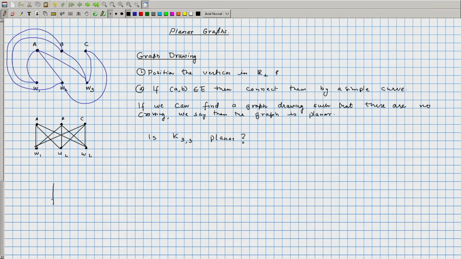So, let us say we look at this particular graph on 5 vertices and 9 edges. It is the complete graph from which exactly one edge has been removed. So, we can write this as K5 minus one particular edge. Let us say we call that edge AB.